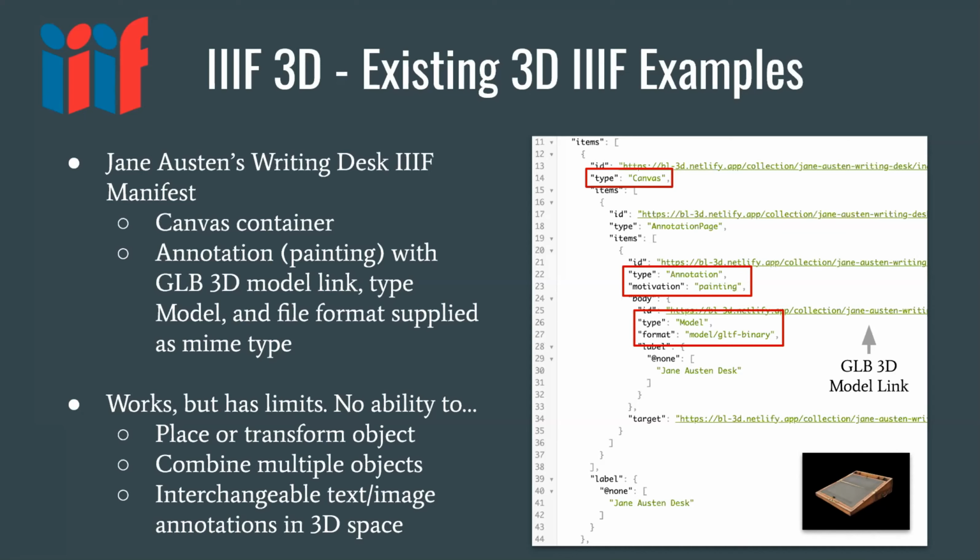We can't really combine multiple objects, so we can annotate multiple GLBs, but we can't specify their positions relative to each other. And you can't currently annotate the 3D model further, to add textual commentary to it and things like that. So it's very simple at the moment.